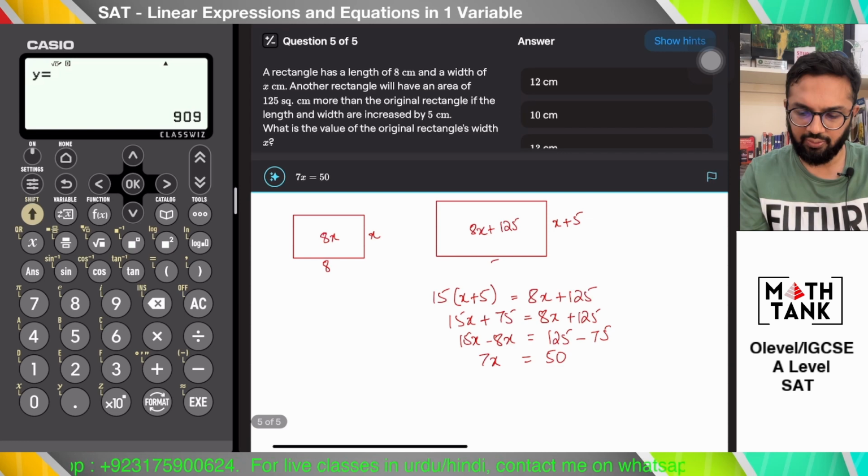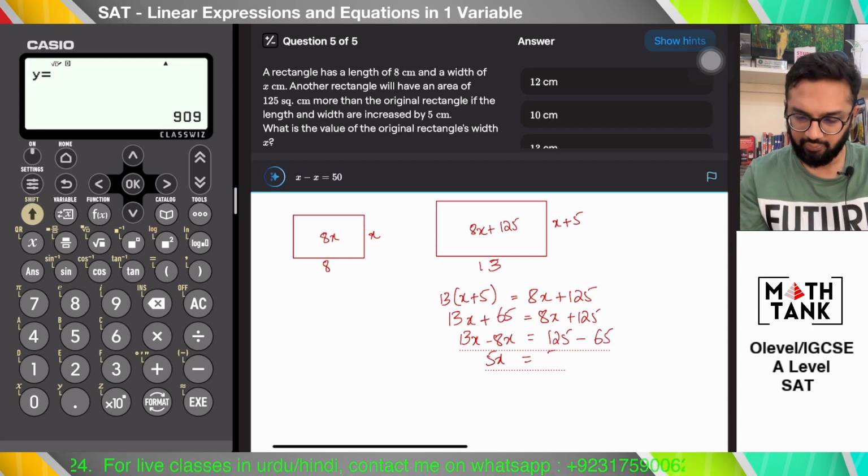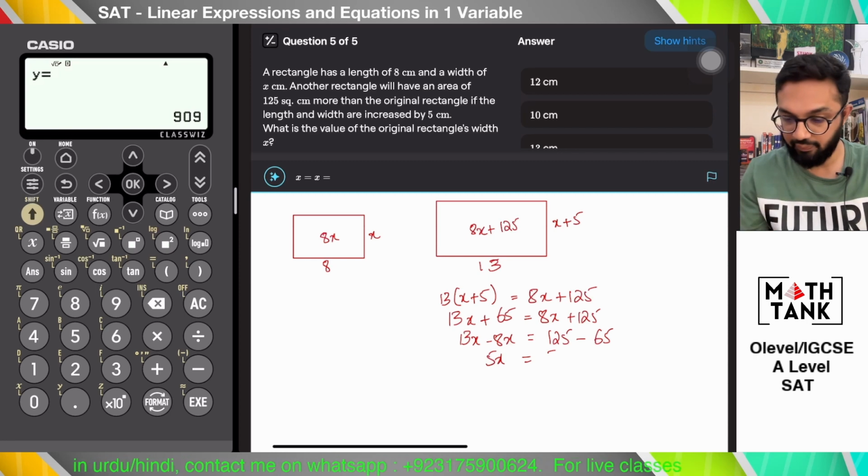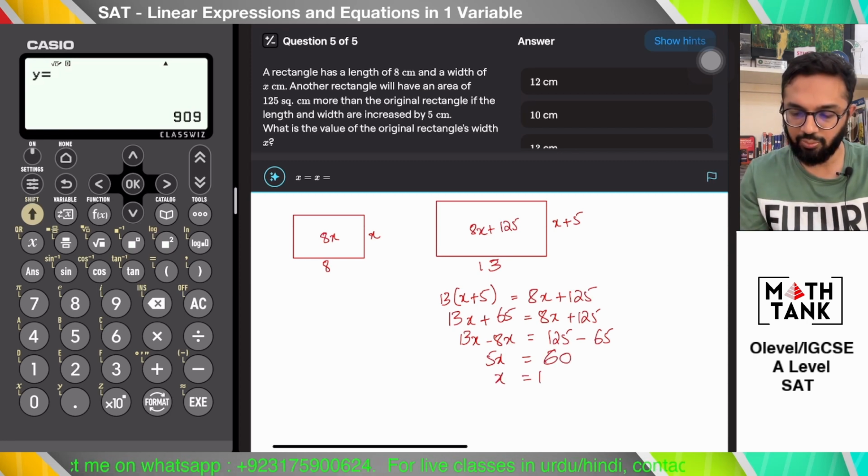This has to be 13x. And this can't be 75. 13 into 5 is 65. 125 minus 65 should give me 60. X should be 12.